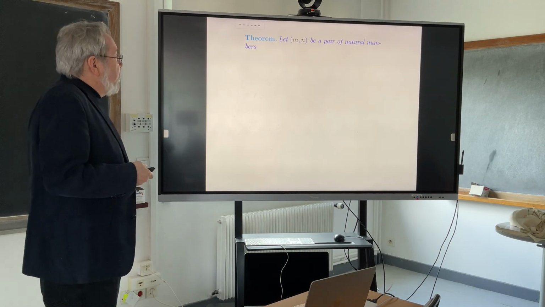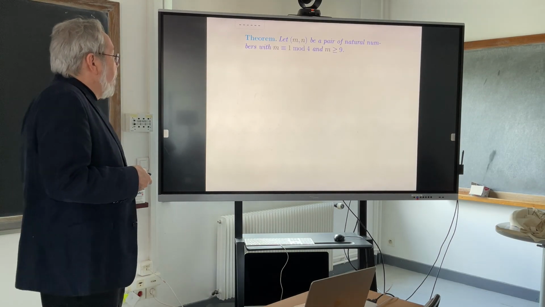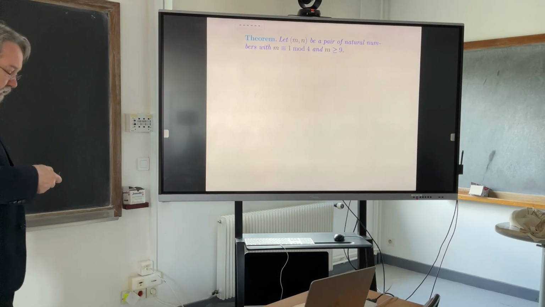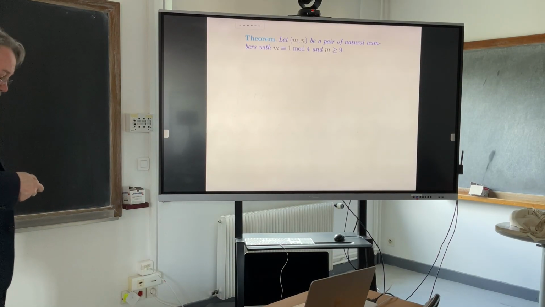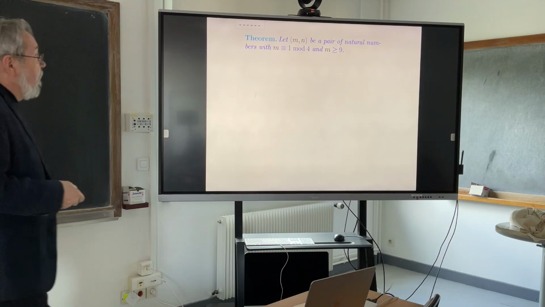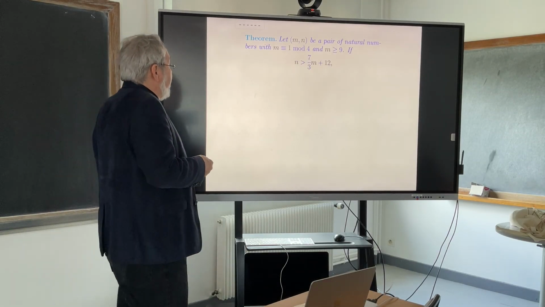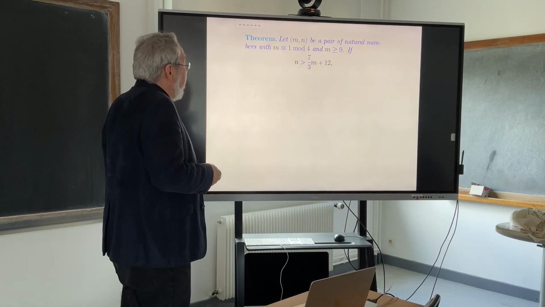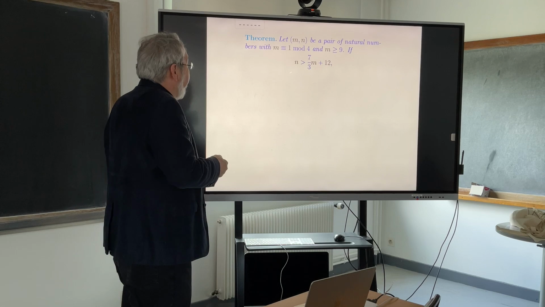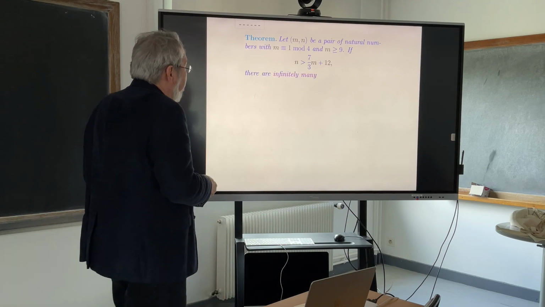result. Suppose you take a pair of natural numbers, where the first one is required to be 1 mod 4 and bigger than or equal to 9, and the second one is bigger than 7/3 times the first one plus 12.